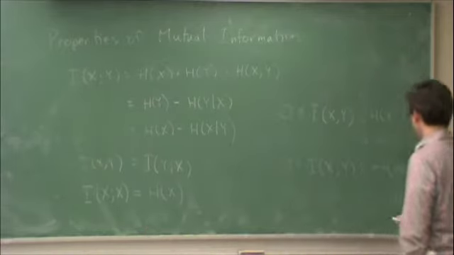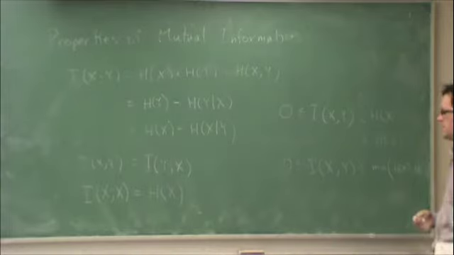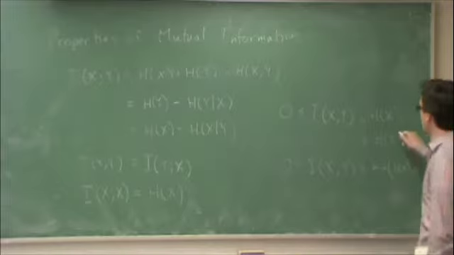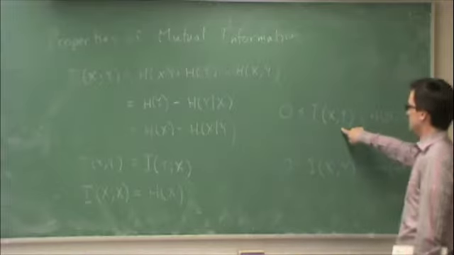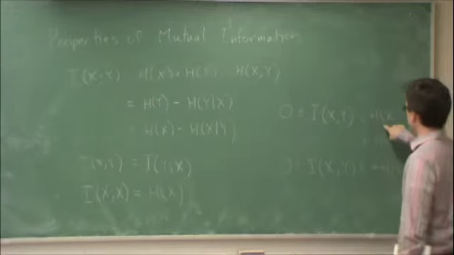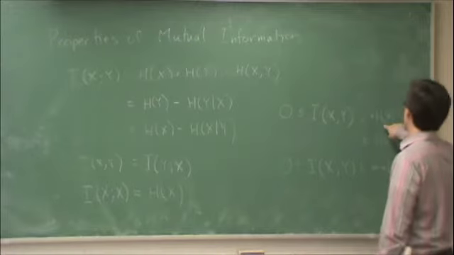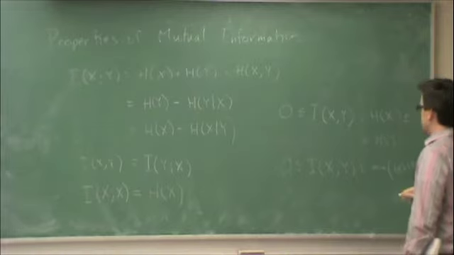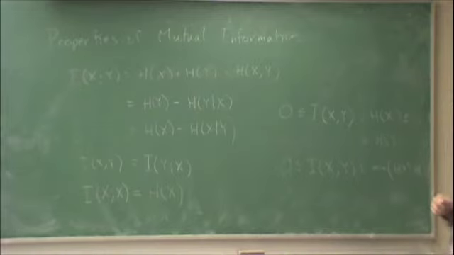I don't have this in my notes, but if I don't know anything about x and y, I can write 0 is less than or equal to I of x,y less than or equal to H of x, but H of x is less than or equal to what?